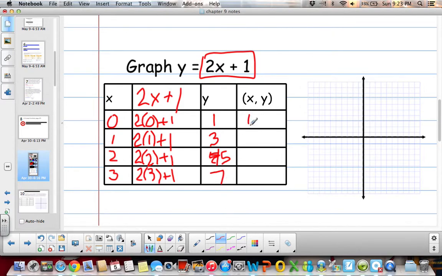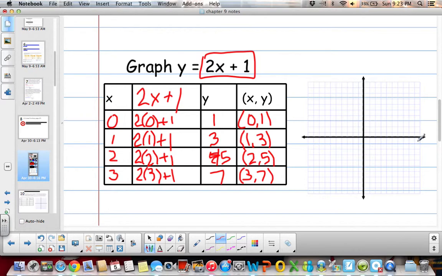Okay, so then we have (0, 1), (1, 3), (2, 5), and (3, 7).